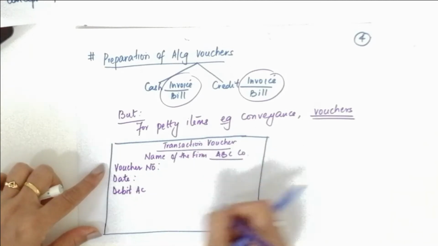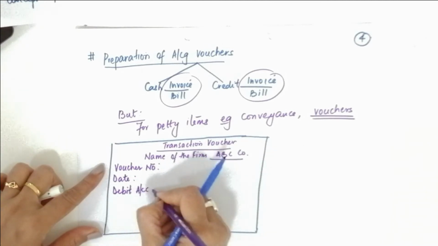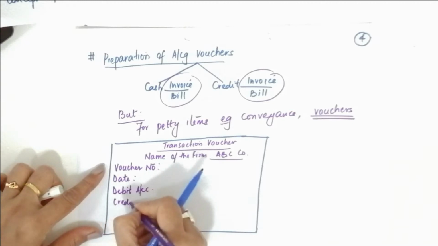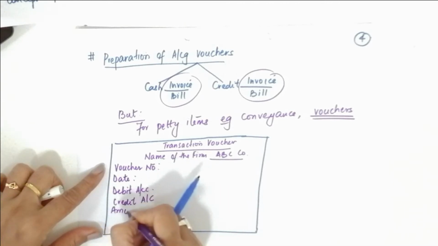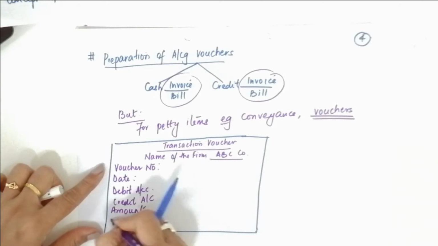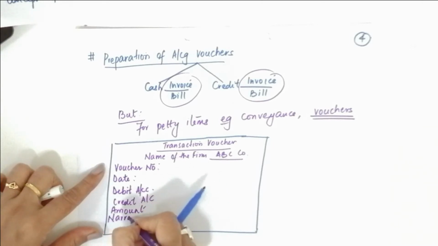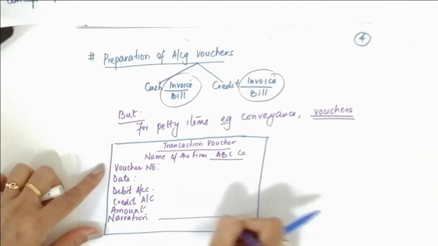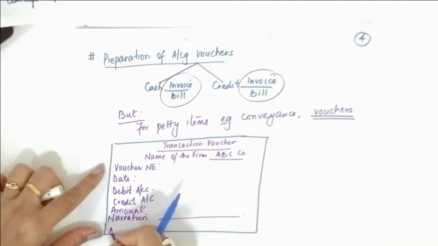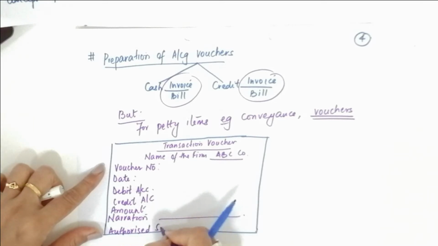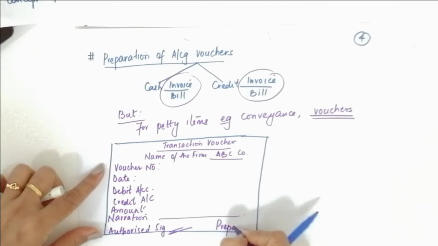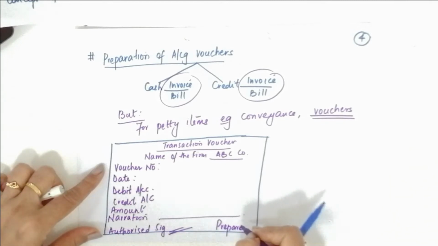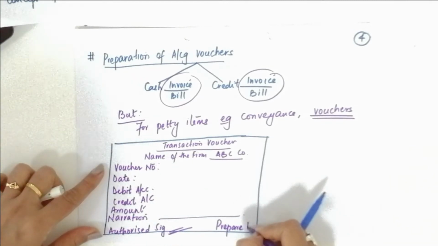Just understand how the voucher looks. Debit account, and then you have a credit account, then you have amount, and then you will have narration here. What is the purpose? And then in the end you will have authorized signatories. They will be signing here, and who is going to prepare it? The accountant or the person who is submitting it, okay?